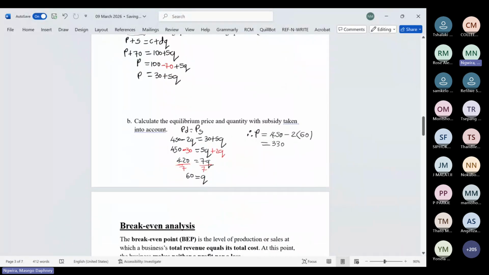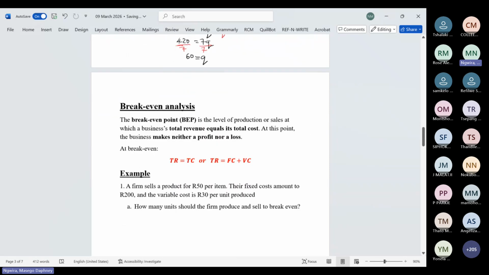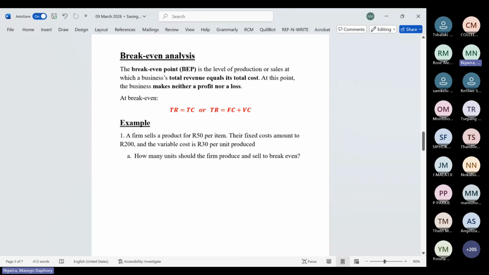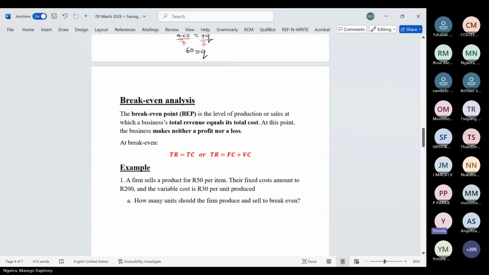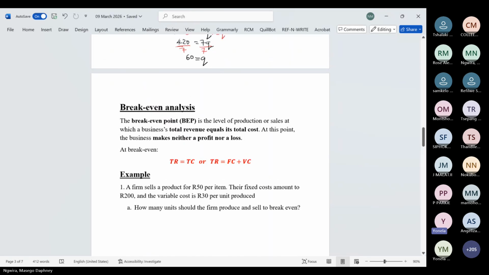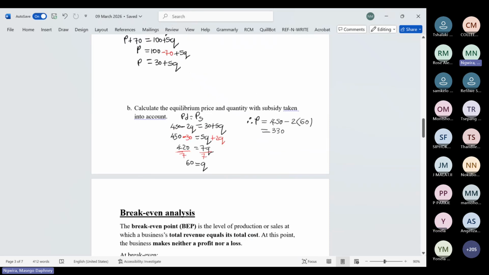Okay, so now we go to break-even analysis. Before you go to the break-even point, can I ask, ma'am, why do we use a supply equation when we calculate the subsidy and tax?